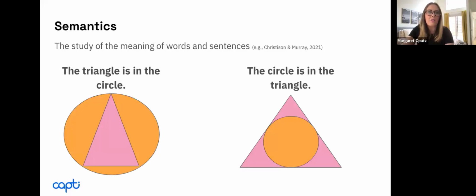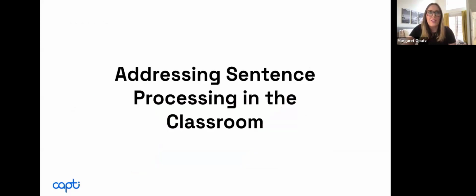So if I asked you to find which triangle is in the circle and you pointed here, it would illuminate that you don't necessarily know the meaning of the words. So word order is important, but really making sense of the meaning of the words is even more important for long-term reading comprehension success. So let's get into how can we address these skills within the classroom?